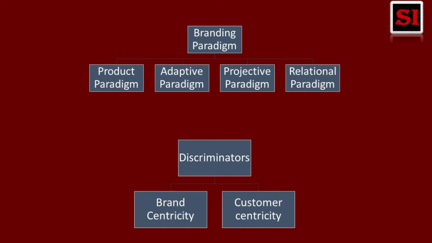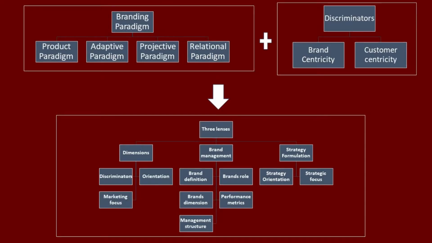To understand this framework in depth, one needs to look into it using three different lenses. The very first lens is based on multiple marketing dimensions and gives a picture of discriminators, marketing orientation and marketing focus.